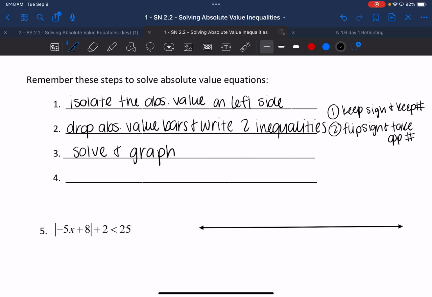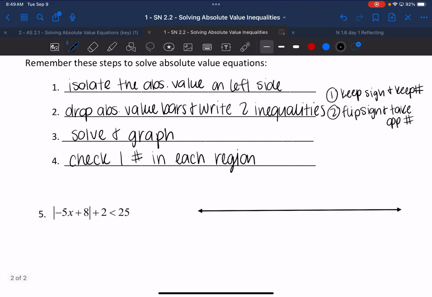Because previously it had to equal a specific number, right? Here we're saying it should be something greater than that number or less than that number, right? So when we go to check, what we're actually going to check is you will check one number that falls in each region of our graph. All right, so let's take a look at what that could be.